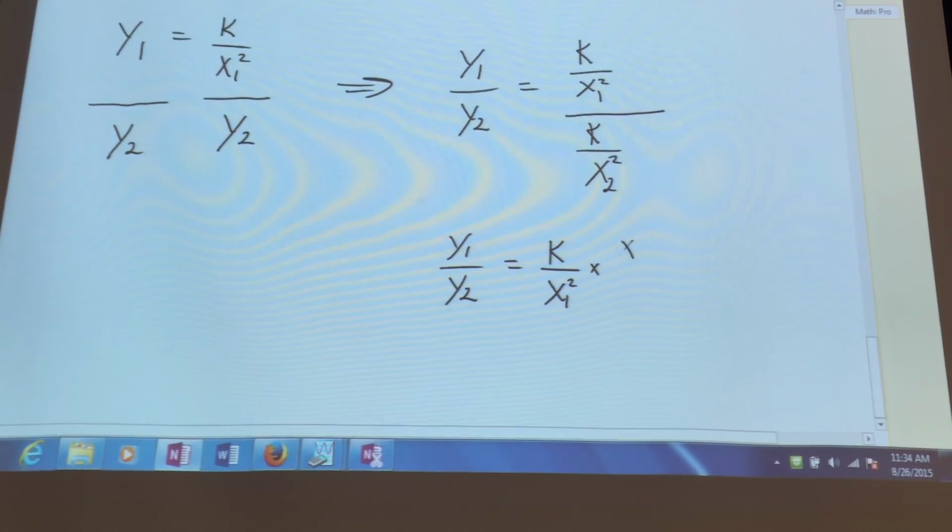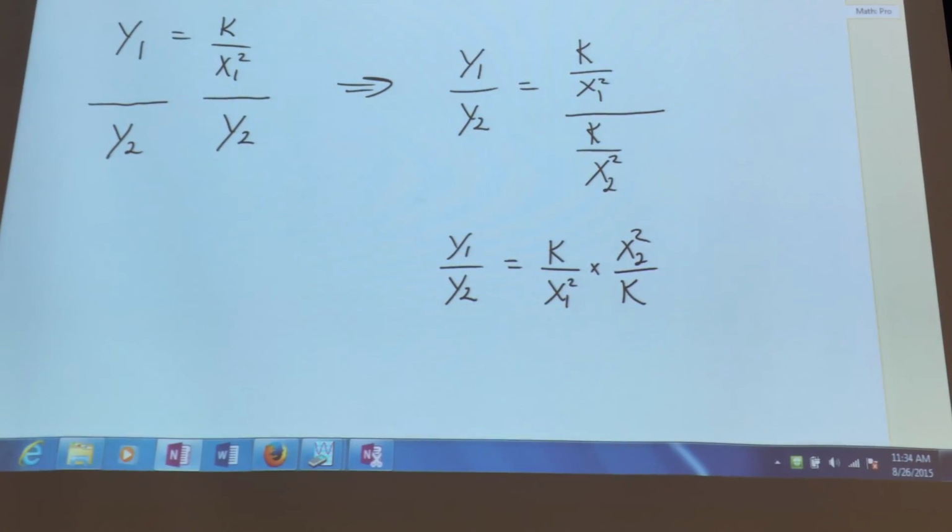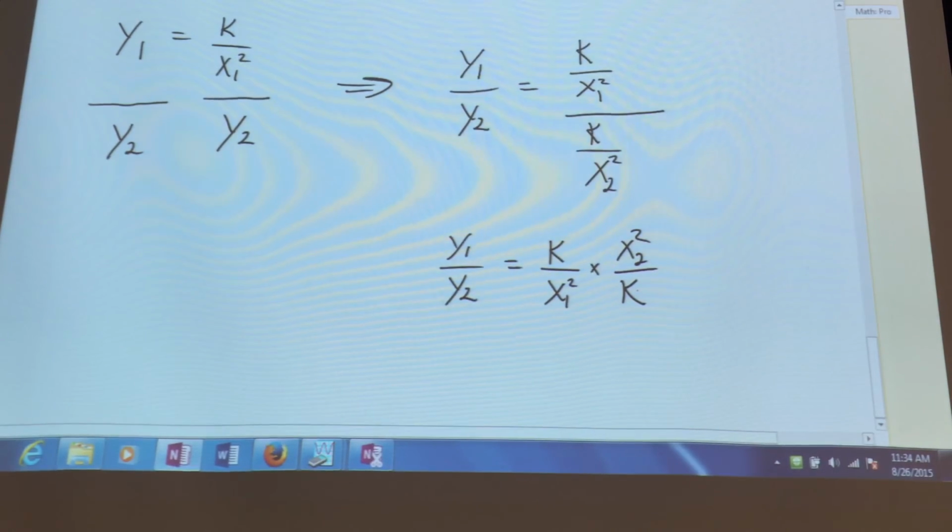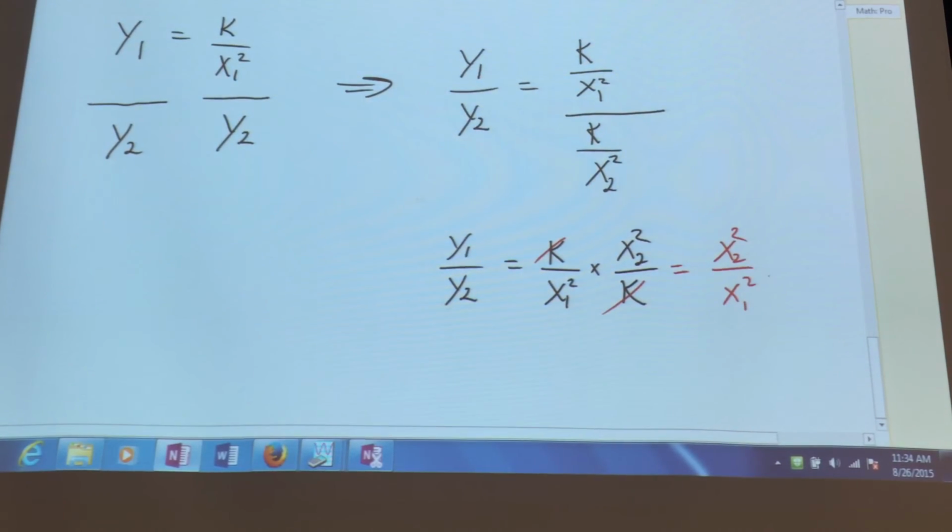I said invert and multiply, I believe. Sure enough, the k's disappear. And we're left with x2 squared over x1 squared.